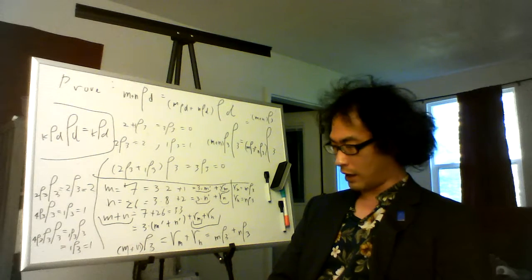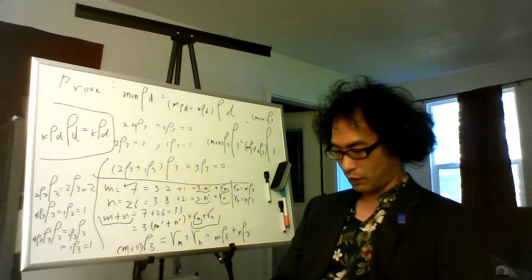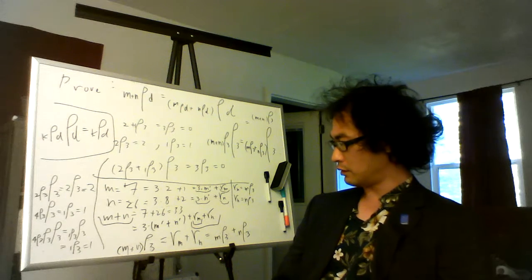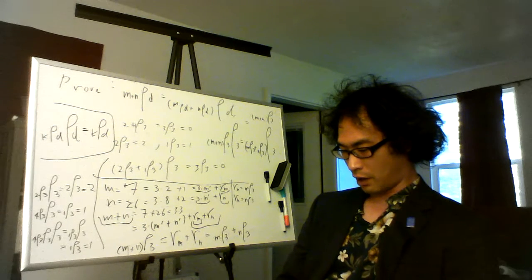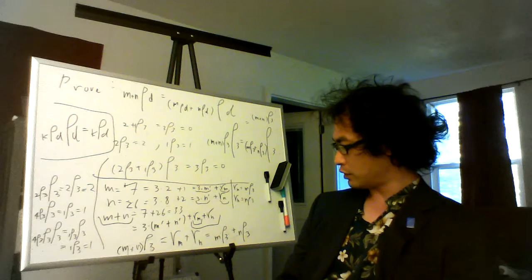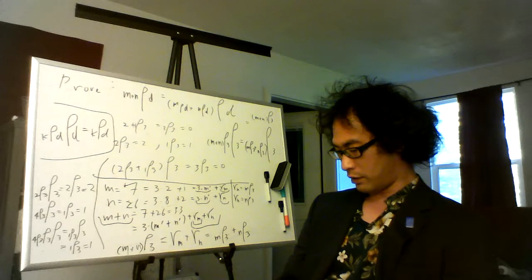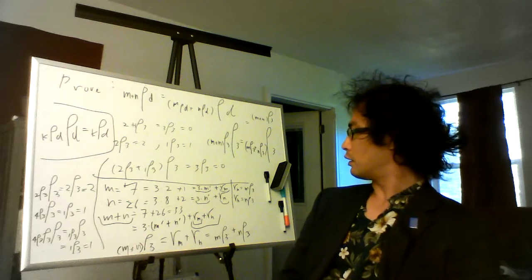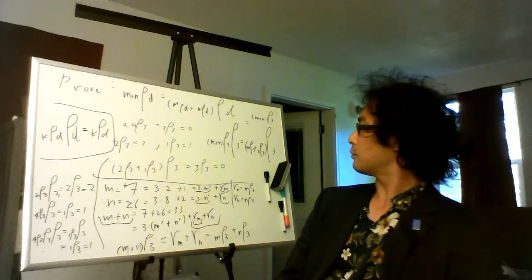That means (m plus n) rho d is equal to r_m plus r_n, which is equal to m rho d plus n rho d. Okay, so let's see. Next step.